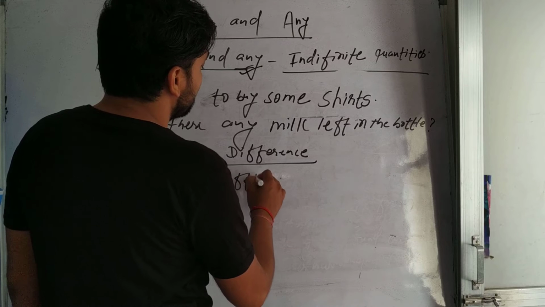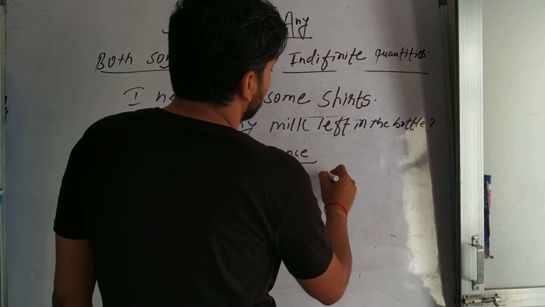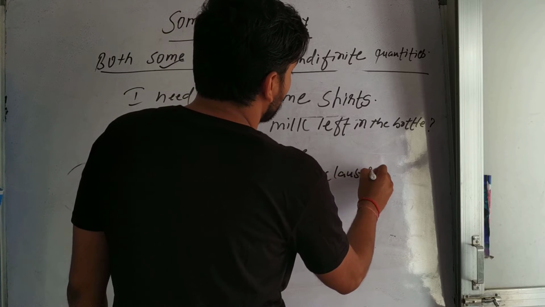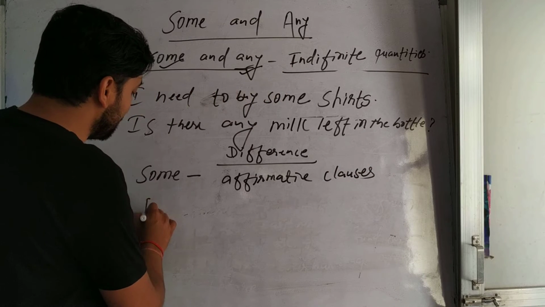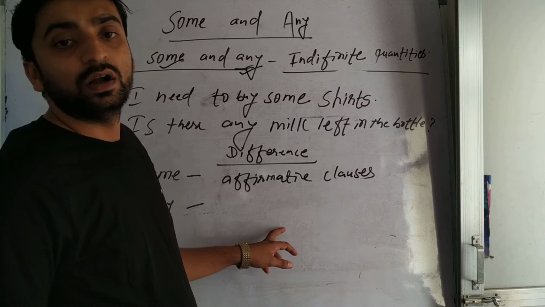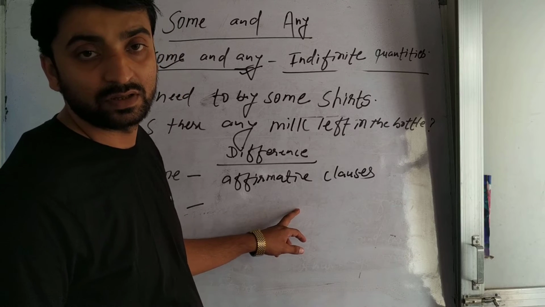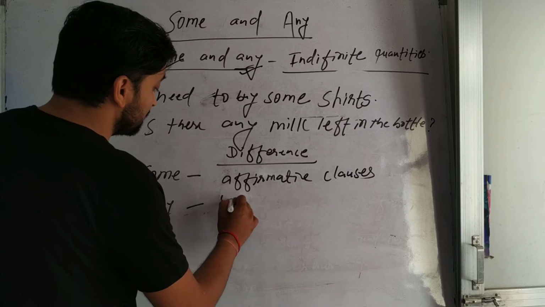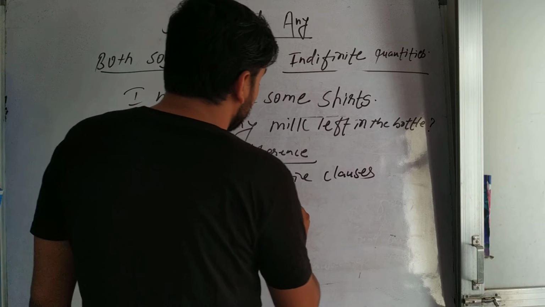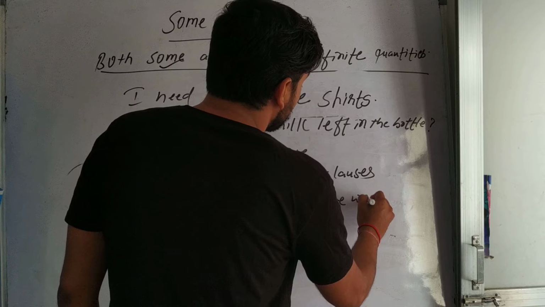So you can write like this: affirmative, very common in affirmative clauses. At the same time, any is very much common in question sentences and negative sentences. So you can write like this: it is a non-affirmative word.